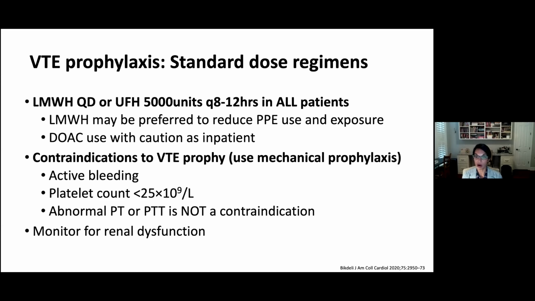However, if you are in that scenario where there's a true pharmacologic prophylaxis contraindication, at the very least, mechanical prophylaxis should be utilized. And it's important to note that the markers of coagulopathy, such as a prolonged PT or PTT, in and of itself are not contraindications to prophylaxis.